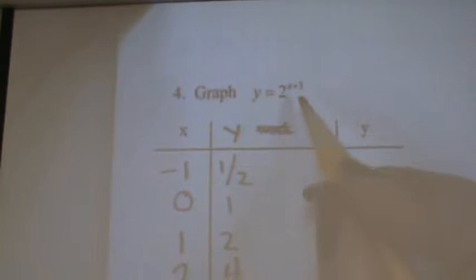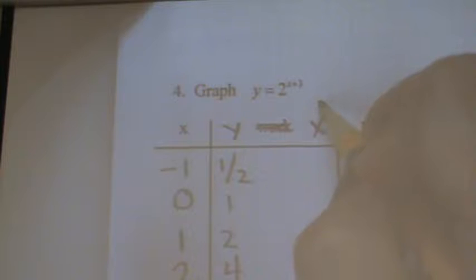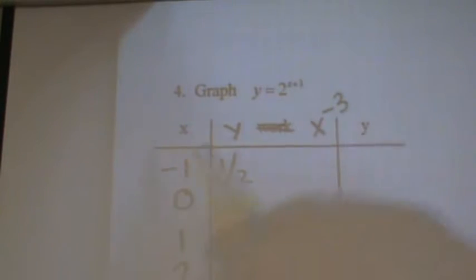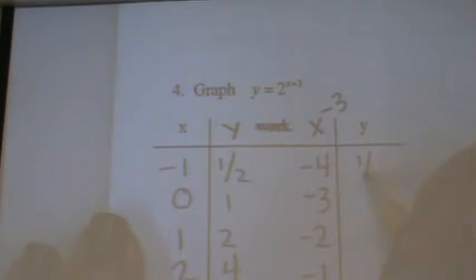Now what do you do for this problem? You're going to take your what values and do what to them? x minus 3. Take your x's and subtract 3. So what is -1 minus 3? -4, -3, -2, -1. What do you do to your y values? Keep them the same.